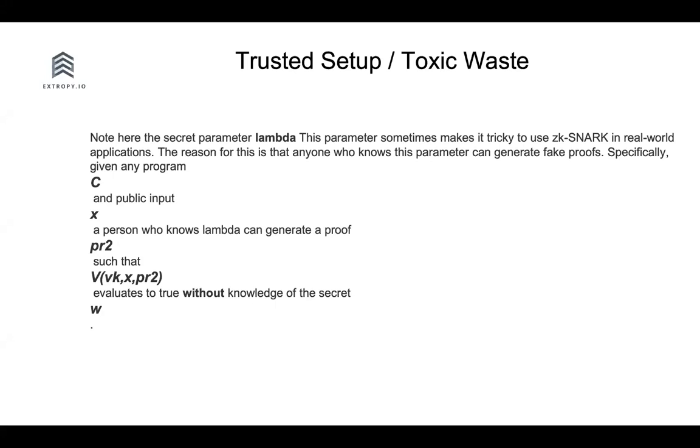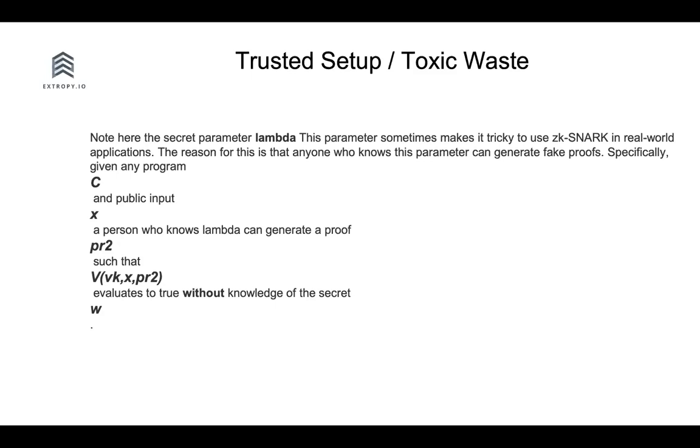This computation would be done to produce these proving keys by a number of people. And if just one of these people doing the computation was honest, then the whole computation could be regarded as honest and having succeeded.